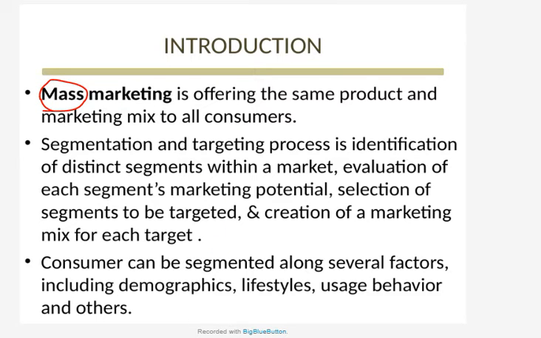It refers to the huge targeting of all people regardless of their characteristics, regardless of their differences. Mass marketing, let's say, means total marketing. They are offering the same product to all consumers. Providing exactly the same product to all consumers.